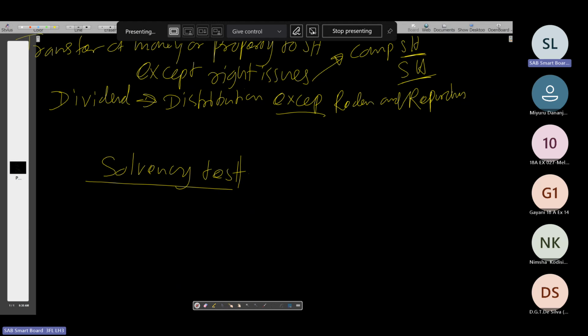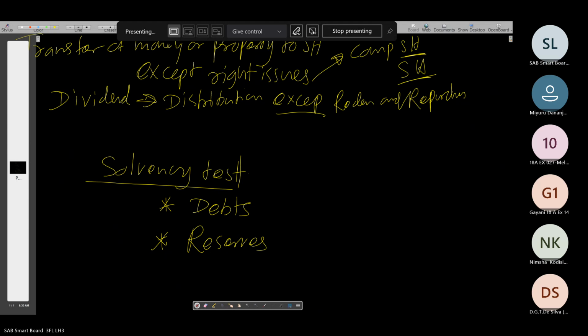So we have to consider two conditions. The first one is we have to identify whether the company is able to pay its debts in its ordinary course of business. The second condition is we have to check whether reserves are available in the company.